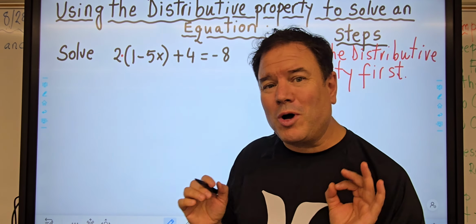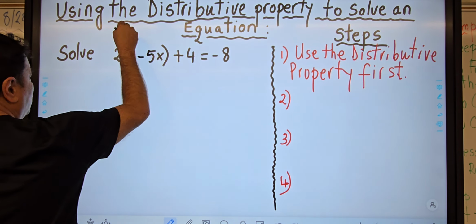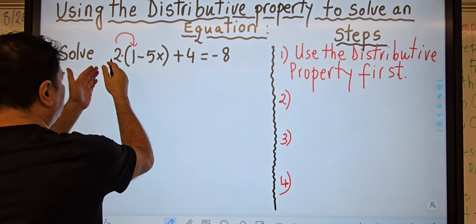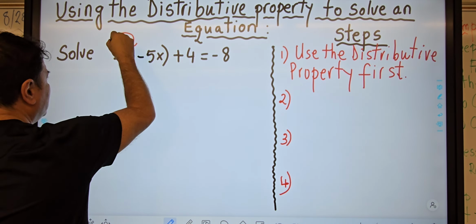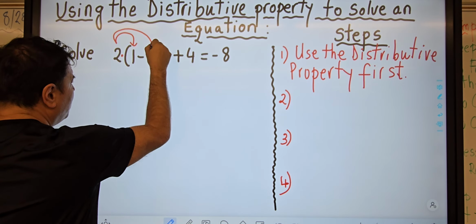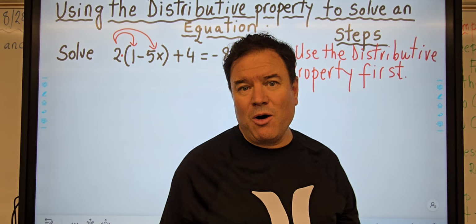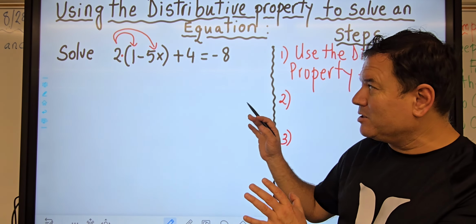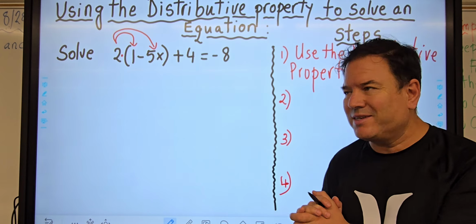And I want you to draw arrows from 2 to 1 because we are going to distribute 2. We are going to multiply 2 times 1, and then we are going to multiply 2 times negative 5x. Then draw another arrow from 2 to negative 5x. And now we are going to get rid of those parentheses by distributing 2 over 1 and over negative 5x.